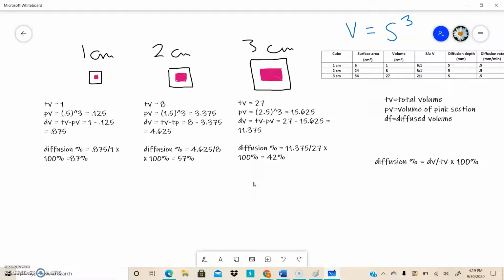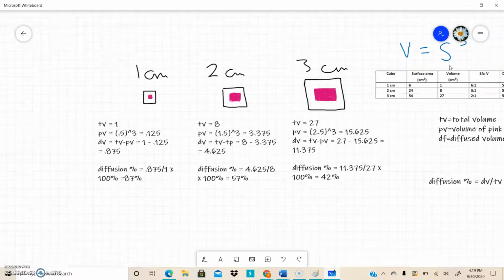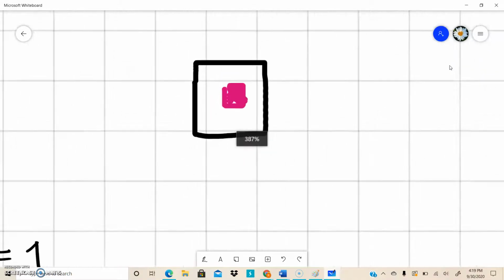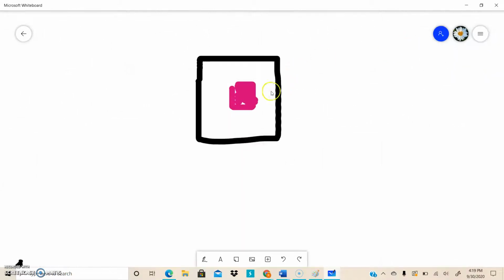Okay, once you have this done, the only thing that I wanted to address again is that your numbers could vary based on your diffusion depth. A lot of you had 5, 5, 5, but if you did not, that's perfectly okay. For those of you who put 10 for the 1 centimeter cube, again, you need to go back and simply understand that the measuring of the depth is from the edge of the cube to the center of the cube, okay?